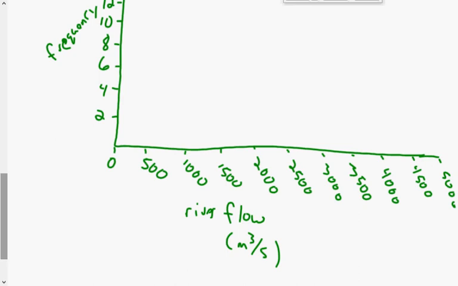Here's 6. So between 0 and 500, there's the first one. It depends on the data. We're looking at page 214. Then for the next one, between 500 and 1,000, my frequency was 11. So about here.